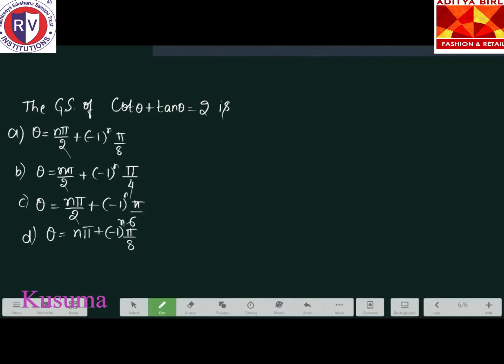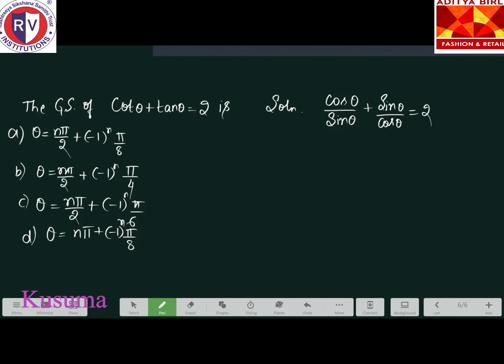So listen here. It is given that cot theta plus tan theta is equal to 2, right? We know that cot theta is cos theta by sin theta. So in the place of cot theta, I'll substitute cos theta by sin theta plus tan theta, which is sin theta by cos theta, equal to 2.